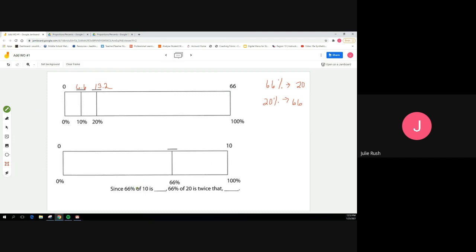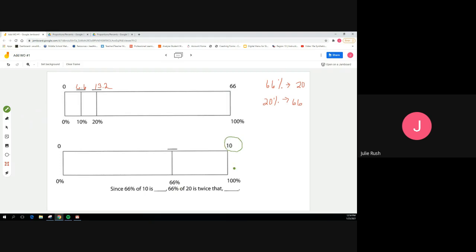Since 66% of 10 is blank, 66% of 20 is twice that. So this person took the 66%, which was 13.2. So they probably did this solving here before they got to that. But this person just said, okay, if 66, oh, I wrote the wrong thing, 66% of 10, so they used a 10 instead of the 20.